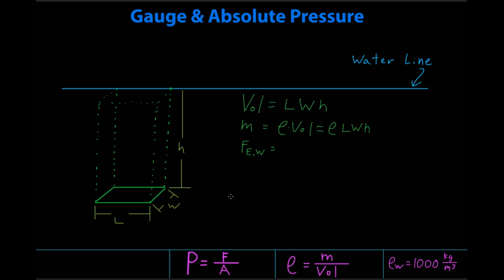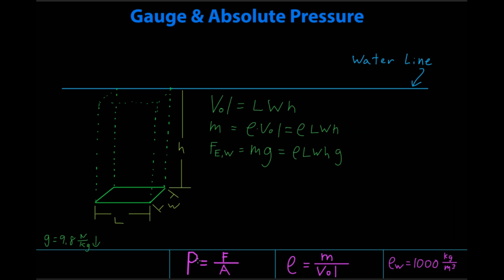The amount of force exerted on the floor of the pool in that area right down there would be equal to the weight of the water column, which would be mg, where g of course is 9.8 newtons per kilogram downward. So we therefore have mass, which we already derived as density, length times width times height, times g. In other words, density times volume times g.